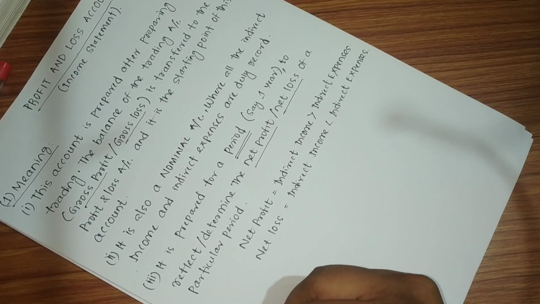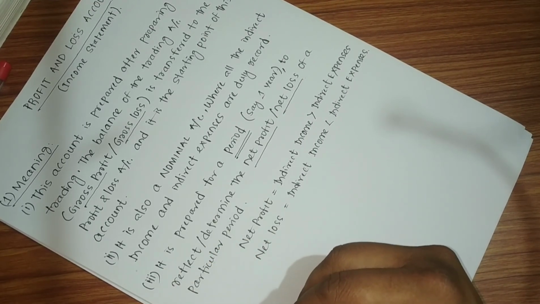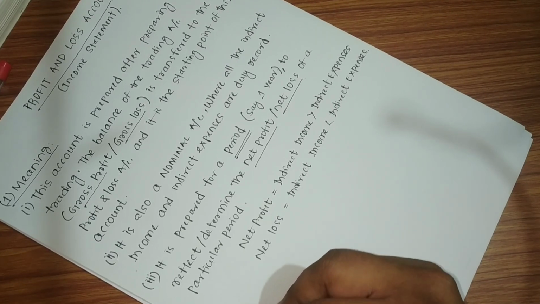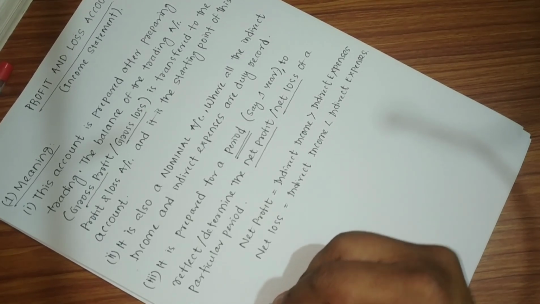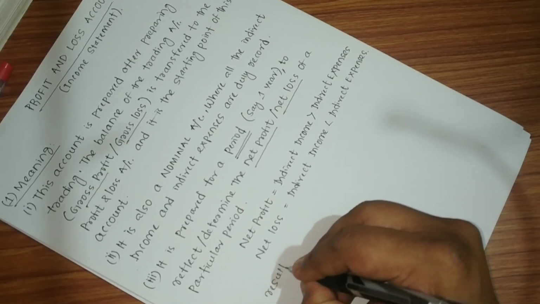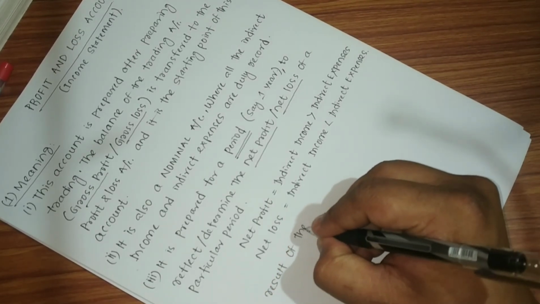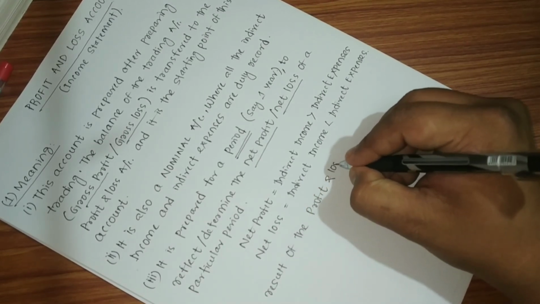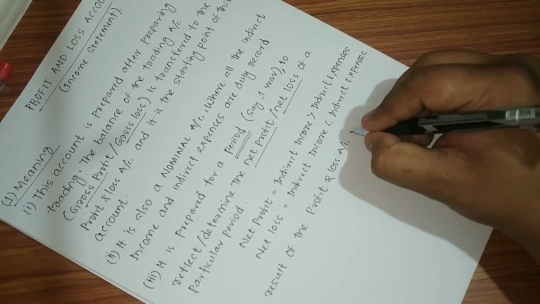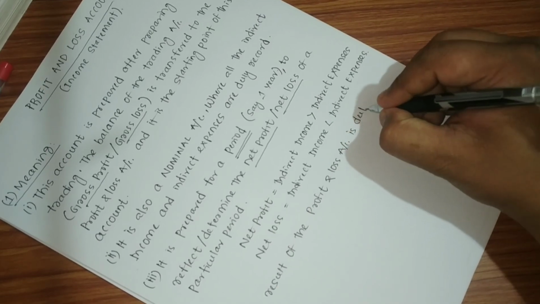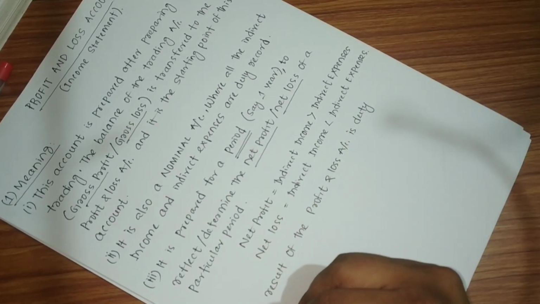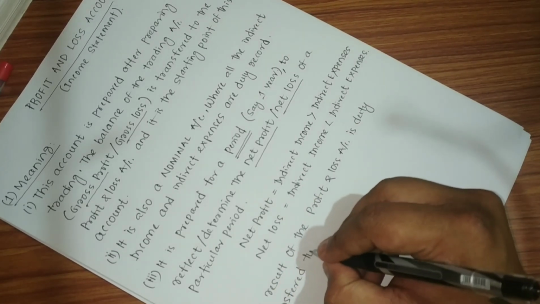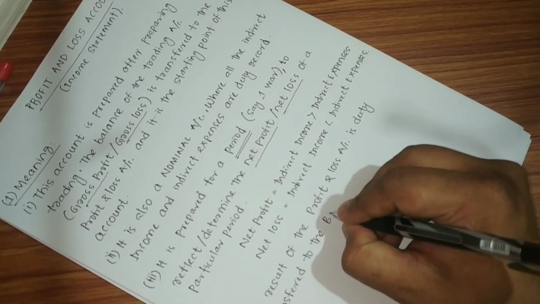After point number 3, point number 4. The result of the profit and loss account is duly transferred to the balance sheet.